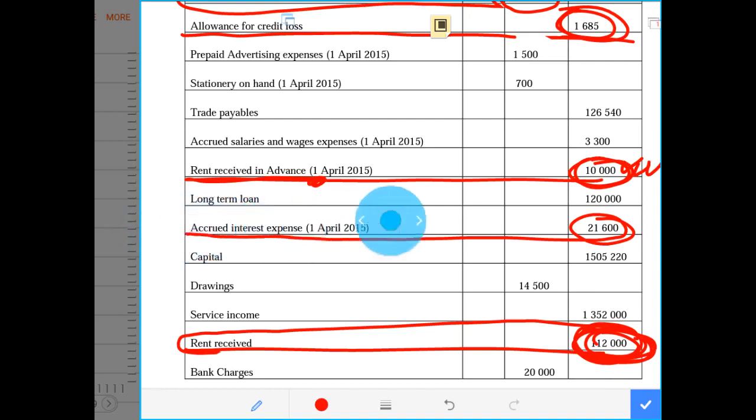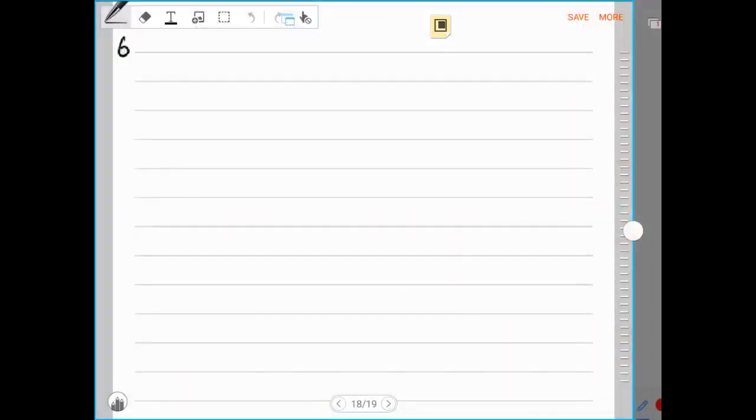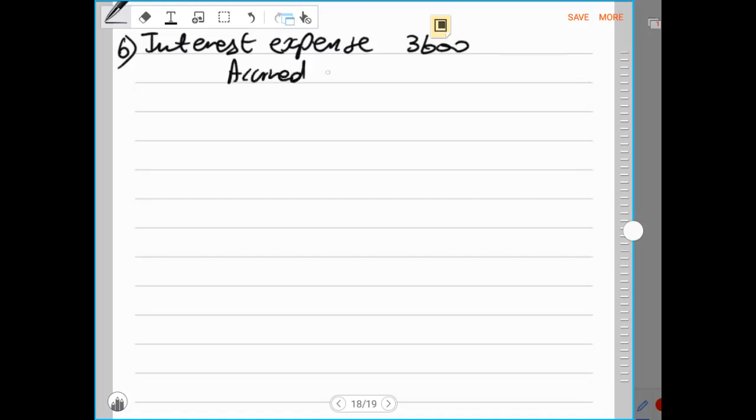That is why when we do the journal entry, which is journal entry number 6, we debit our interest expense for 3,600 and we credit accrued interest for 3,600.